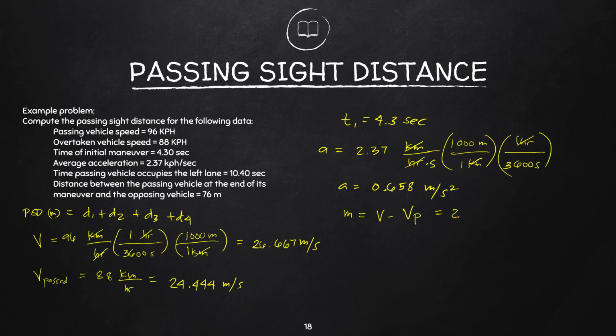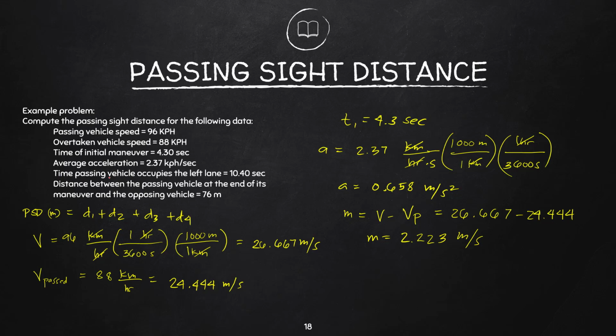This would be 26.667 minus 24.444. This will be equal to 2.223 meters per second.